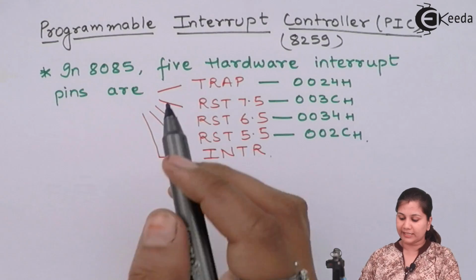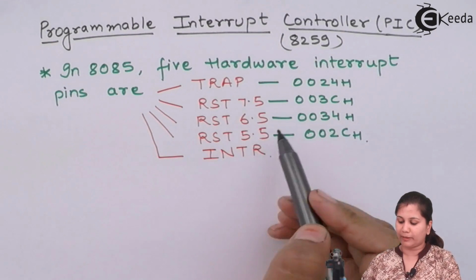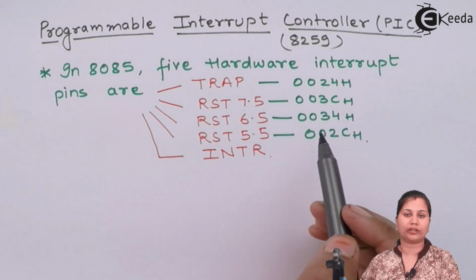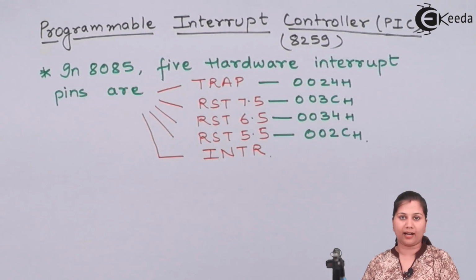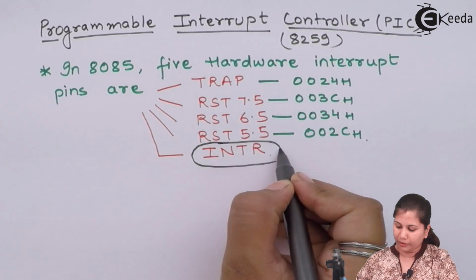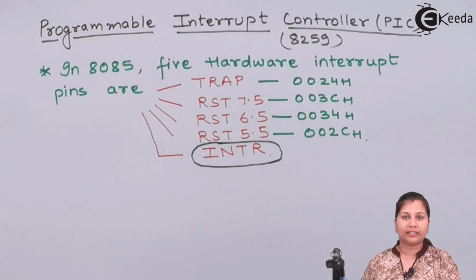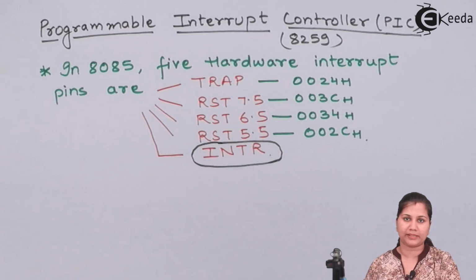Okay, so we can say that out of these 5 hardware interrupt pins, 4 have addresses for their interrupt service routine, whereas this INTR interrupt is a non-vectored interrupt. Non-vectored because its vector address for the interrupt service routine is not known to the 8085 microprocessor.